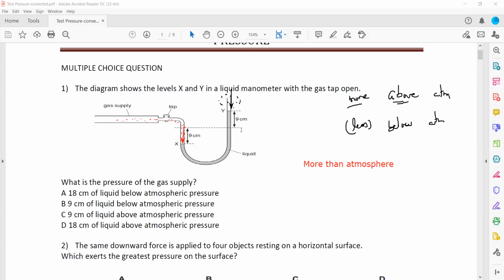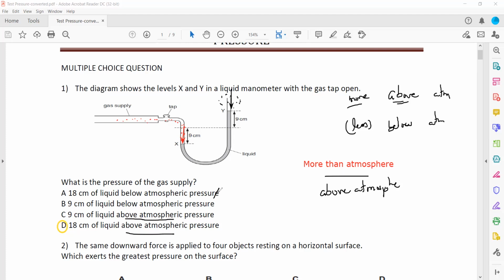That's why the liquid level is lower on that side. So it means the gas pressure is above the atmosphere. When it is more than atmosphere, we also say that it is above atmosphere. That is the first thing. So options with above atmosphere can be an answer. So it can be C or it can be D.